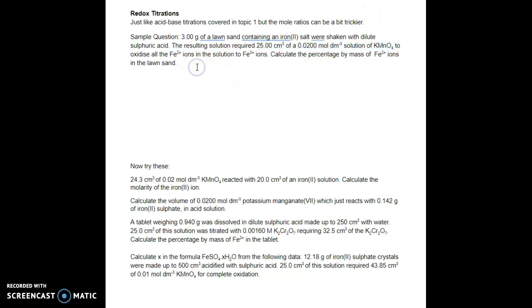Your next step is then to work out the number of moles of Fe2+. And the moles of Fe2+ are simply 5 times the moles of MnO4-. So you take your answer to the bit above and multiply it by 5.